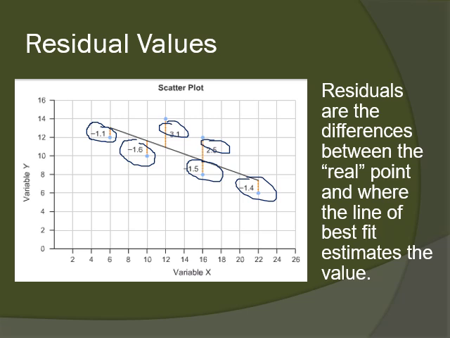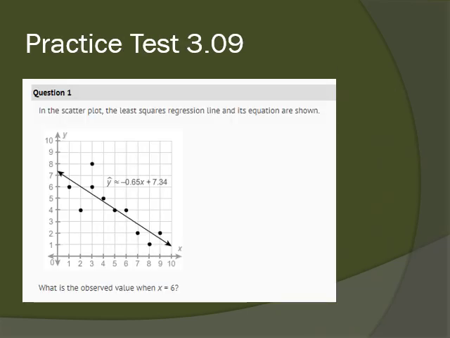So that's one thing to note: below the line gives you a negative, and above gives you a positive. Your goal is always to balance out the residuals, to have a balance between negatives and positives. If you had all positives, that means you've placed your line in the wrong spot.